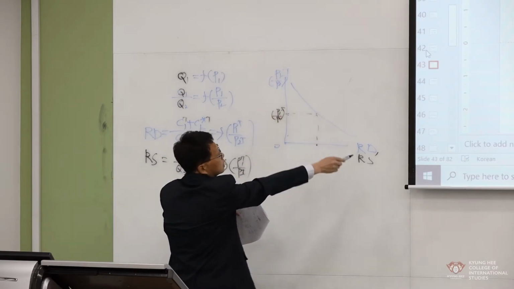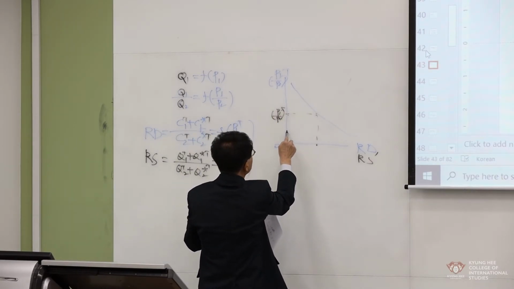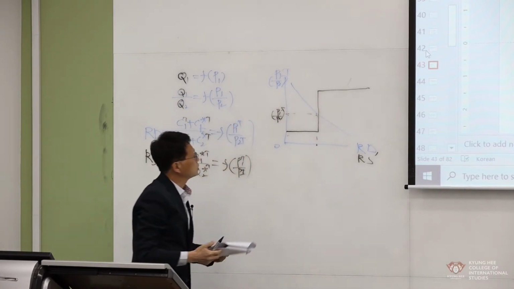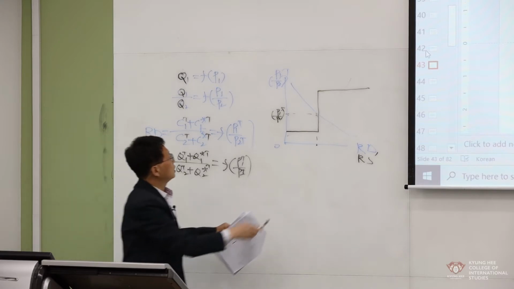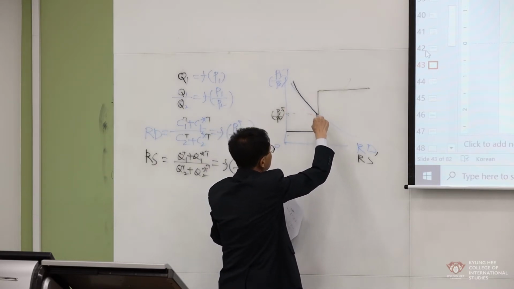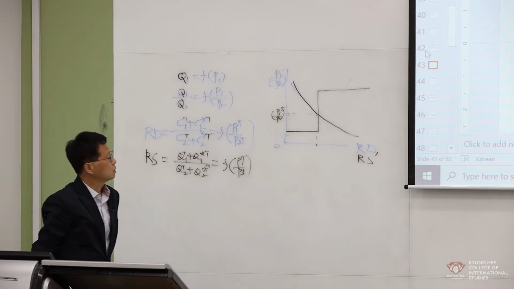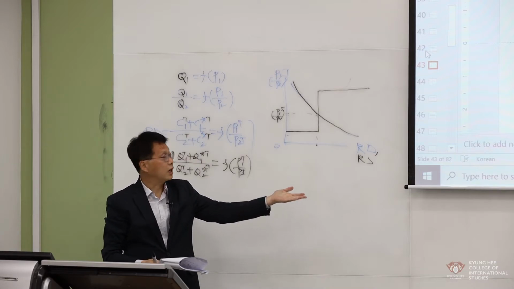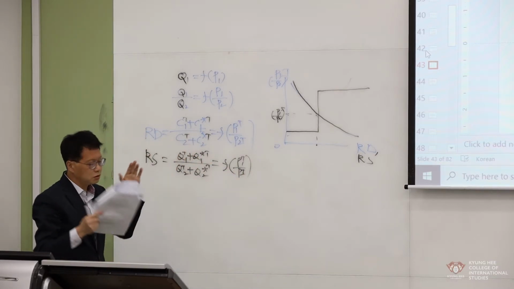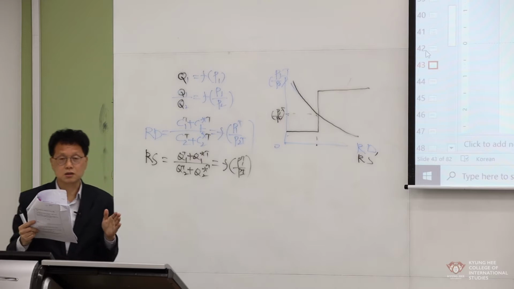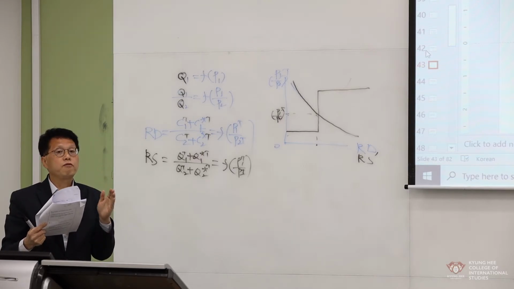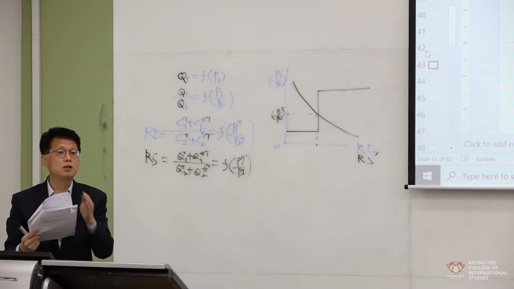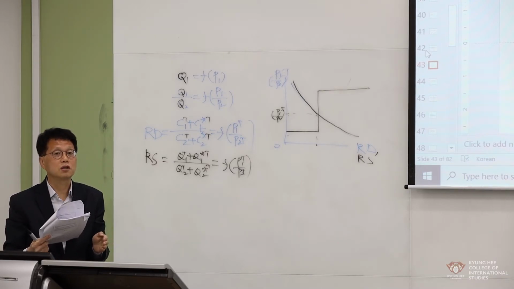The relative demand curve is like this, and the relative supply curve in this example is shaped like this because we assume a two-good model. And that is relative demand. Can you understand? After free trade, relative demand is this one, and we also assume in the earlier case that home and foreign consumers have the same preference. In other words, the same indifference map, the same utility function.